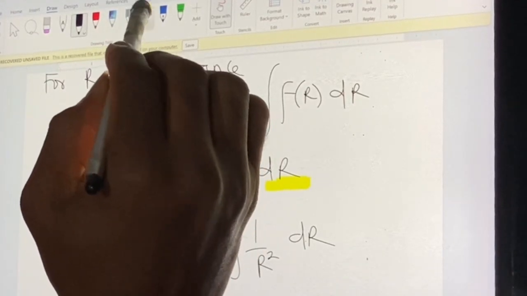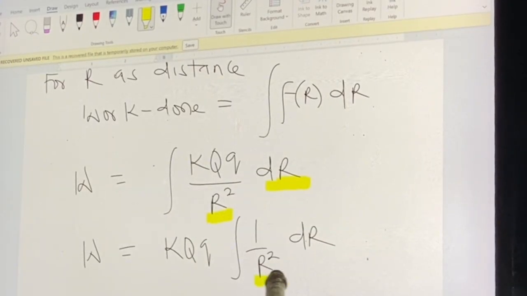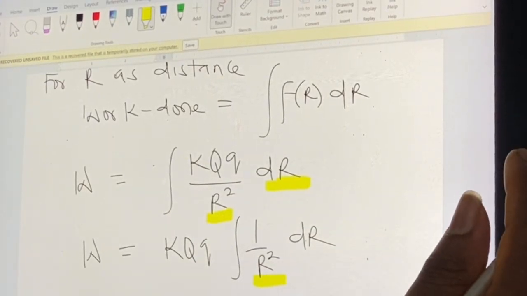The next thing is to make this expression linear in order to use the power rule to integrate.